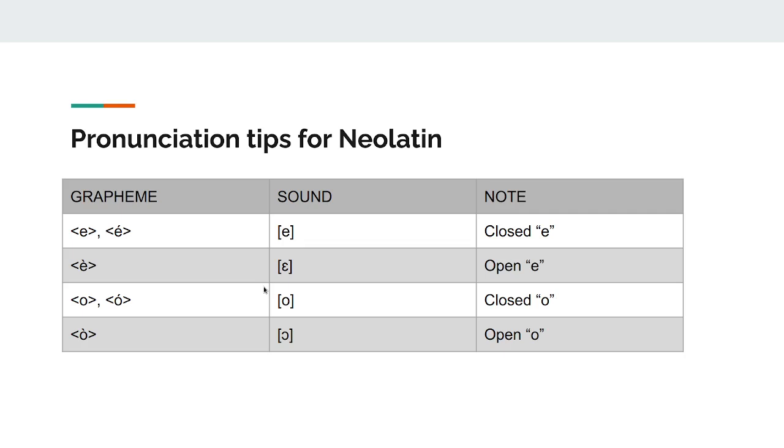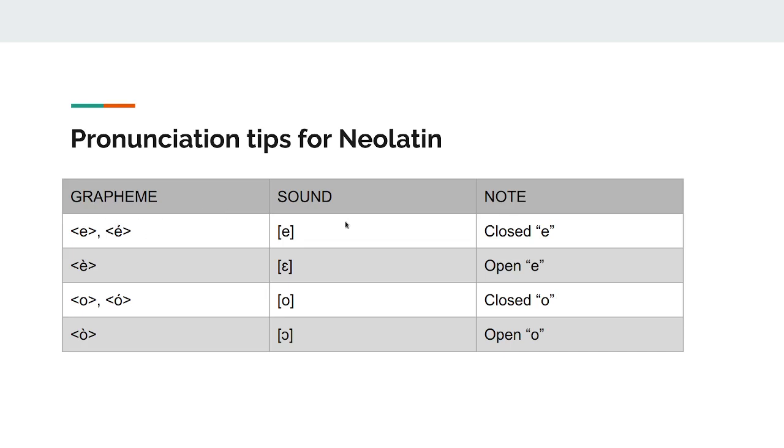In Neolatin, there is the grave accent and the acute accent to indicate a different sound. So both the letter E and the letter O, without any diacritic or accent mark, and with the acute accent, are going to be closed.